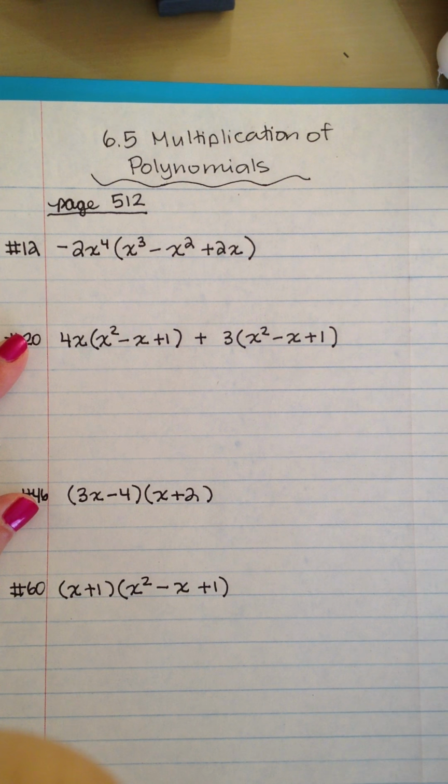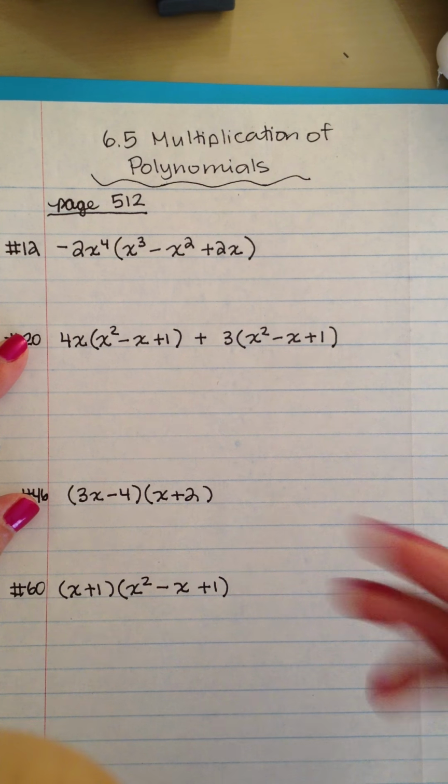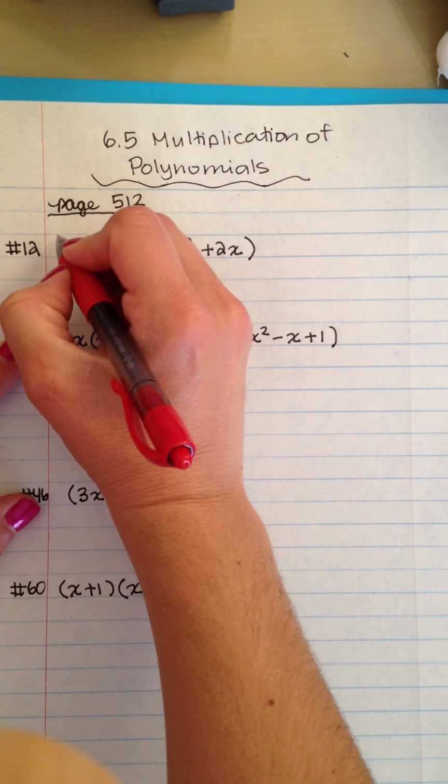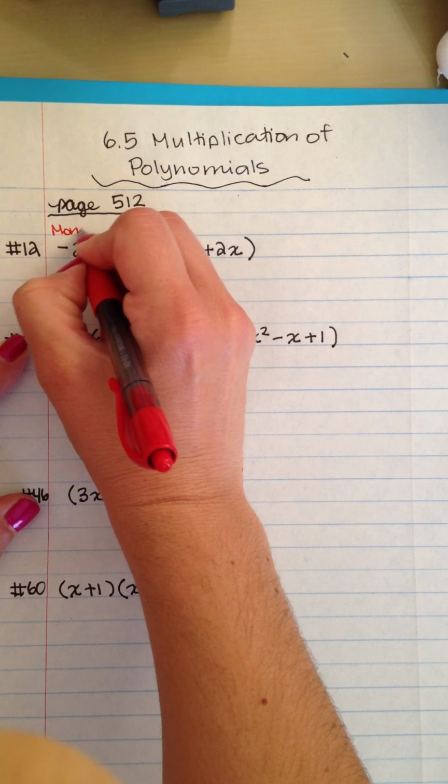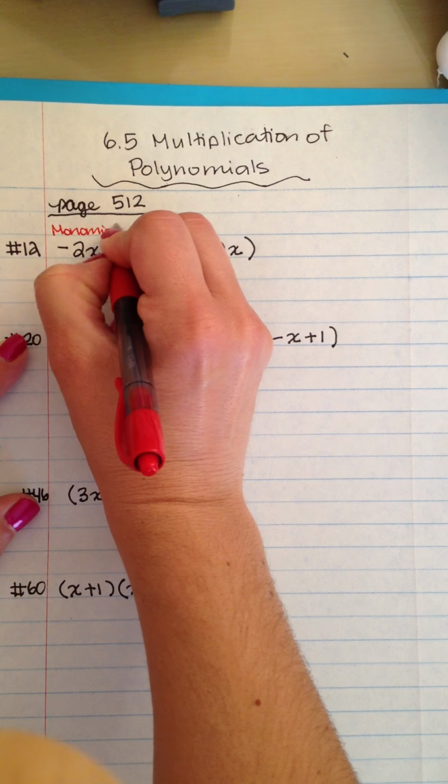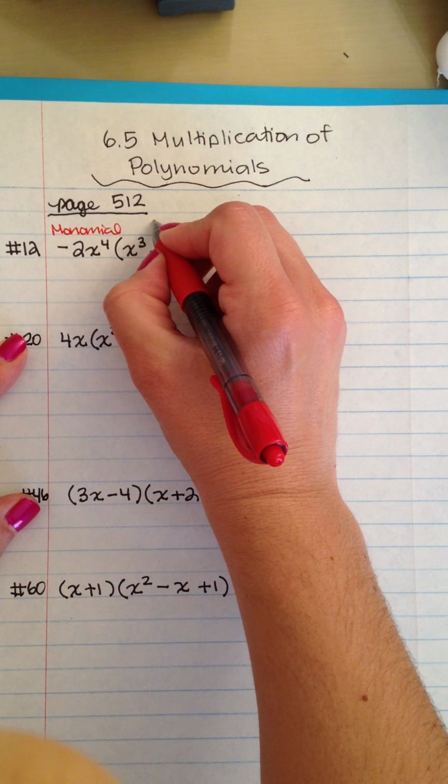The first thing you need to notice is that we're multiplying a monomial, which is one term, times a trinomial, 3 terms.